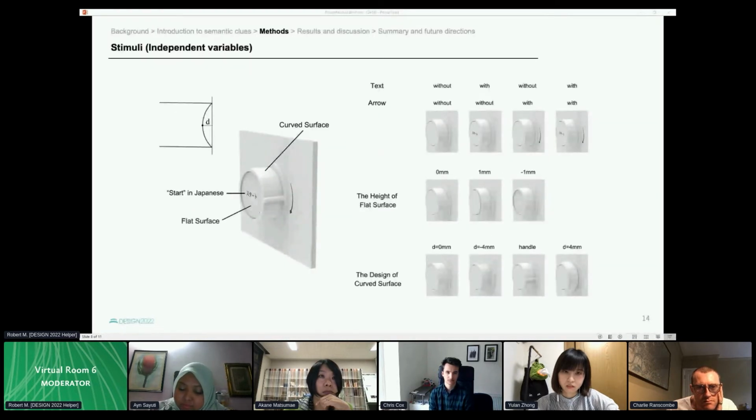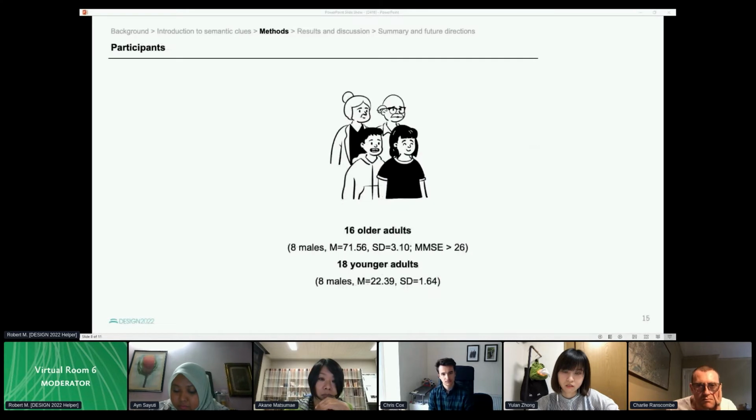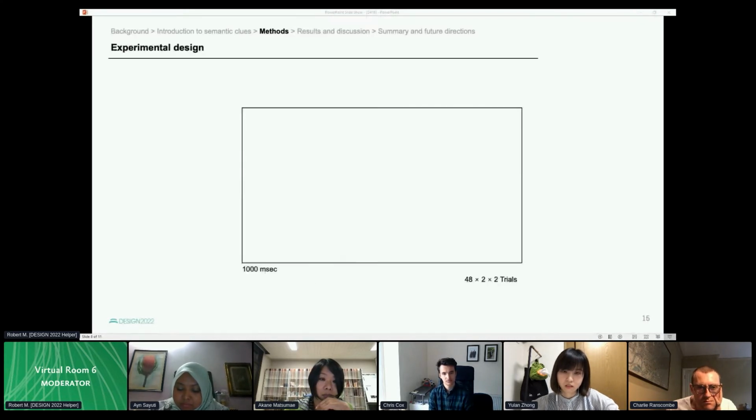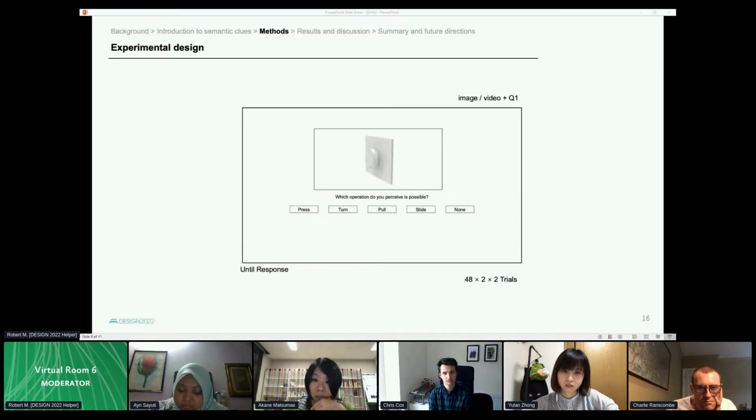So we first extracted basic shapes from the controllers we collected. And we made 48 samples of physical controllers with 4 parameters and treated them as within-participant factors. We asked 16 older adults and 18 young adults to participate. After a constant interstimulus interval, a fixation cross appears on the screen. Then a randomly selected image or video stimulus was presented.